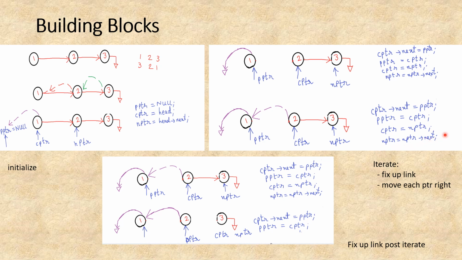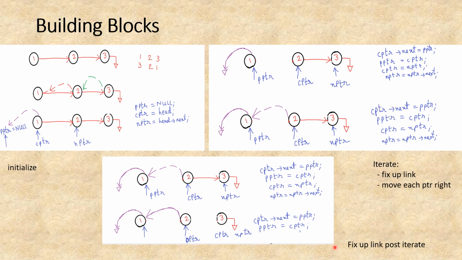And if we see these 2 rows very closely, we see that these operations are identical. The first operation, or cptr arrow next is equal to pptr, will fix up the link, and the other 3 operations, as mentioned earlier, will ensure that the pointers are moved to the right by 1 position, and that explains the iteration block.